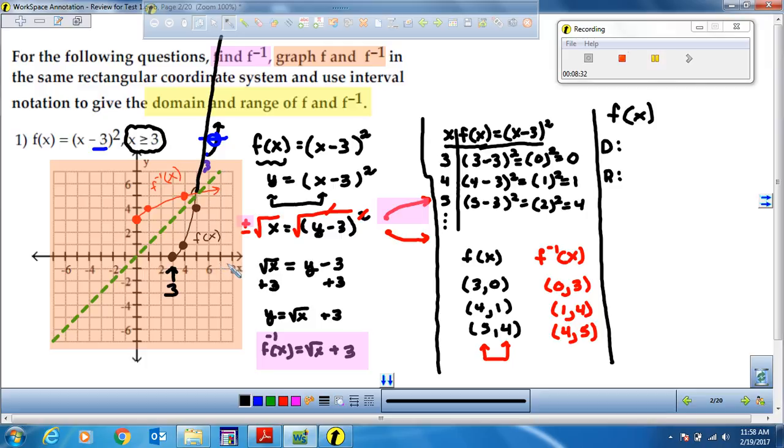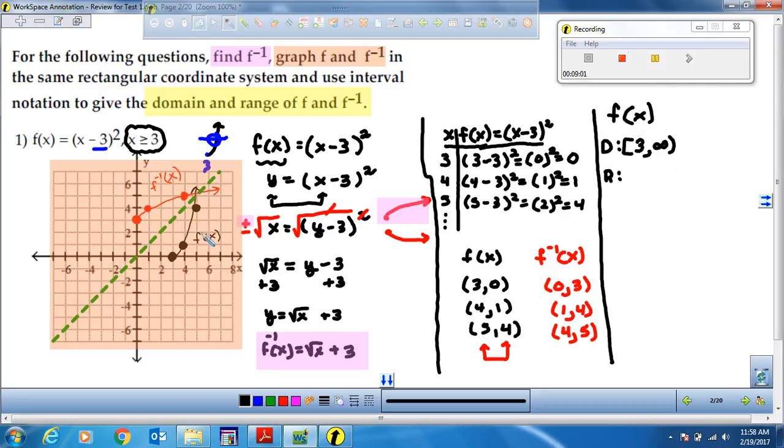So this graph goes all the way to the right to positive infinity. It contains all the values of x greater than or equal to 3. So in interval notation, the domain is any number x from 3 inclusive, which means a bracket, comma, all the way to positive infinity.